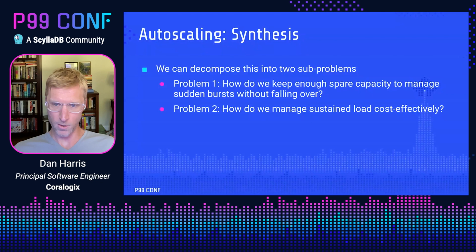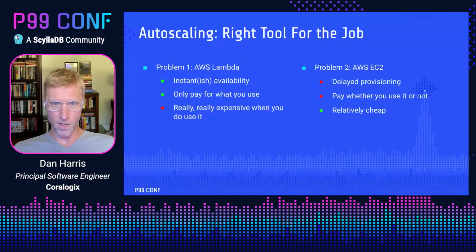to us and our customers. And the nice thing about decomposing the problem into subproblems is we can look at each of those problems and apply different tools and technologies to each one. So for problem one, we have AWS Lambda, or serverless computing more generally if you're on a different cloud provider.